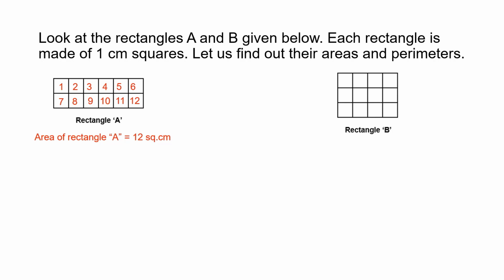Let us find out the area of rectangle B also. First of all, we will count the number of squares in rectangle B. 12 squares are there in rectangle B. So the area of rectangle B is 12 square centimeters.